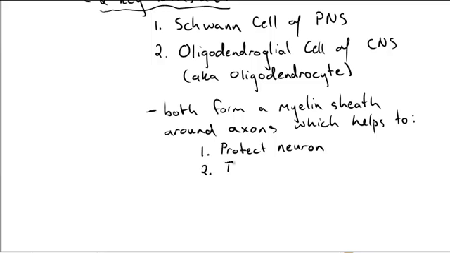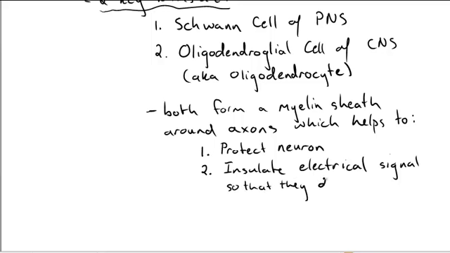It helps to insulate electrical signals that are traveling along the neuron, so that they do not essentially arc between neurons or between nerves.